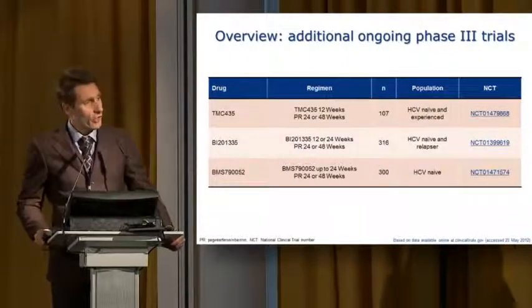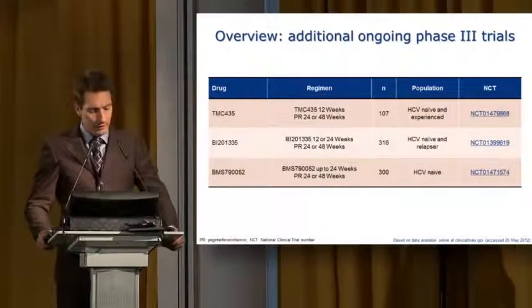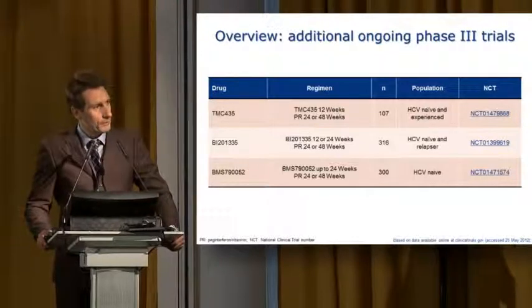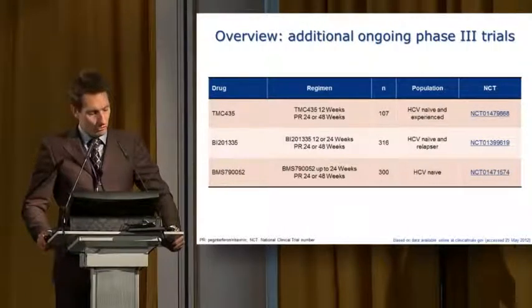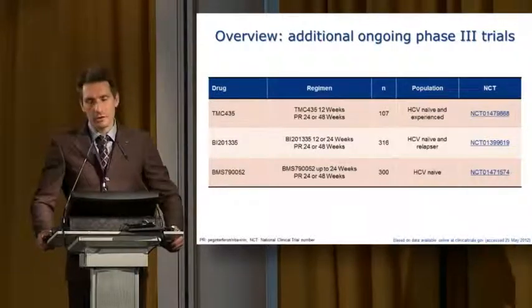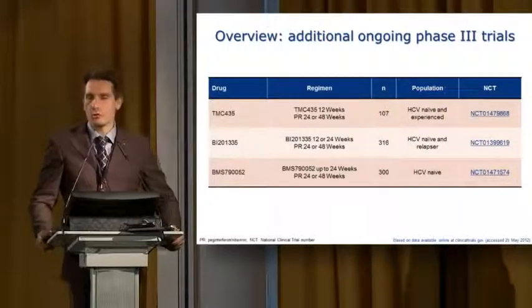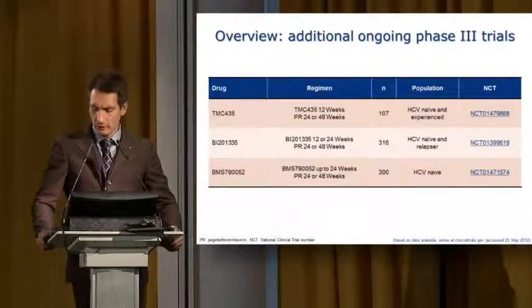And these are not the only studies or drugs that are being tested. You can see here already drugs that are not available yet, but will be available by next year, are being also tested in the co-infected population. TMC 435, which is simeprevir, where the phase 3 data have been presented at this year's EASL, the so-called QUEST trial, you can see is being tested in the co-infected patients as well.